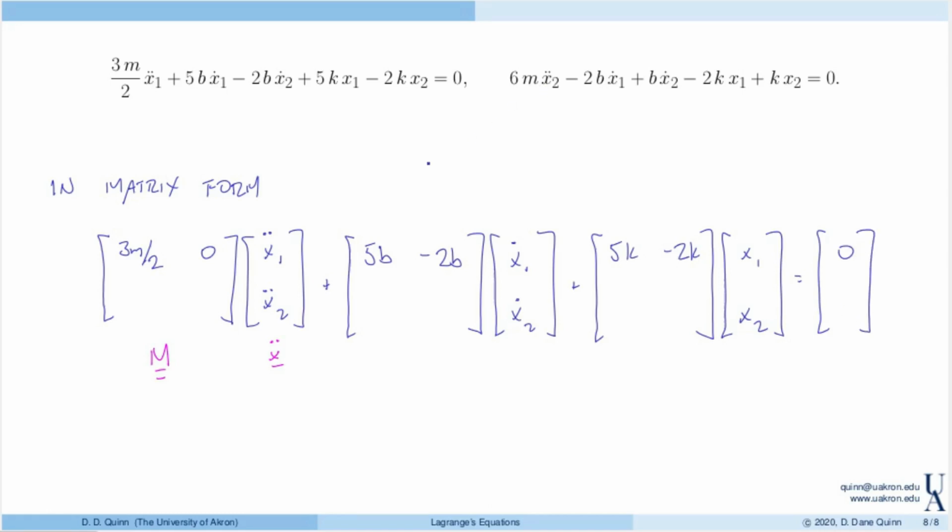For our second equation, 0 and 6m, we have minus 2b and just b, minus 2k from here, and then k, equals 0. So again, this is a damping matrix, and x dot. This is our stiffness matrix, x. So in matrix form, m x double dot plus c x dot plus k x equals 0.